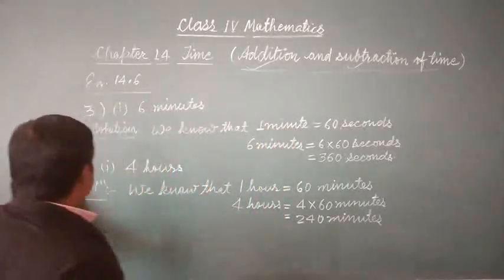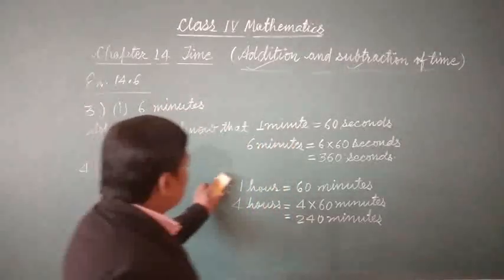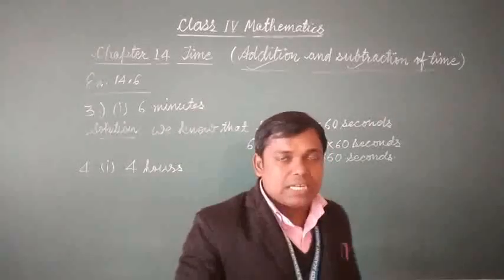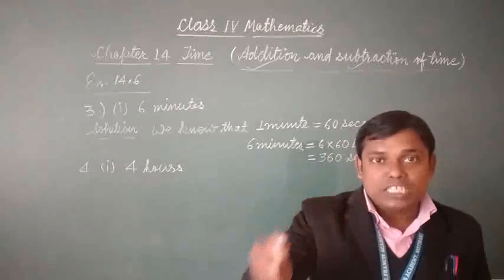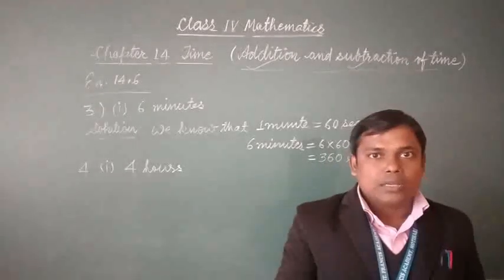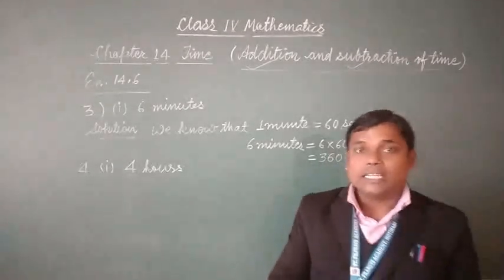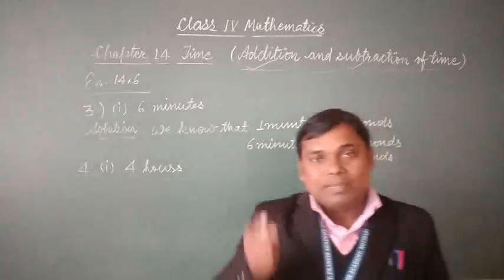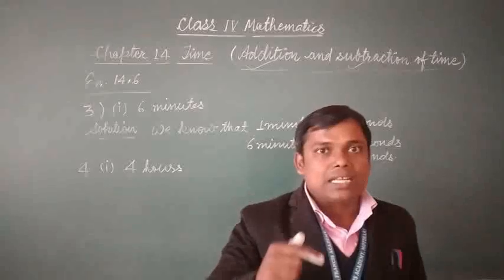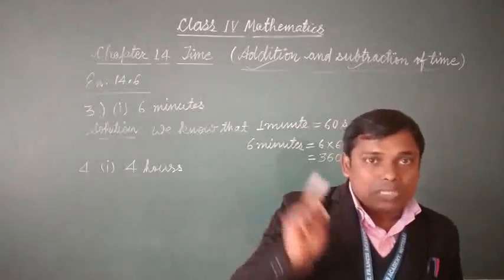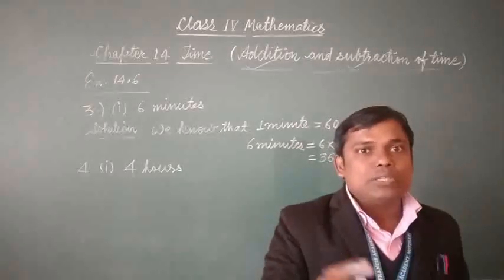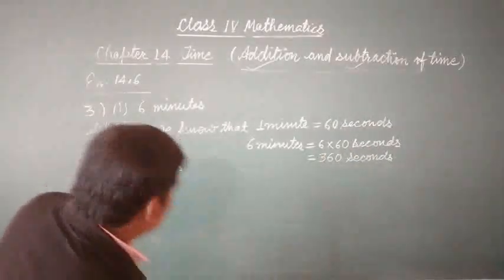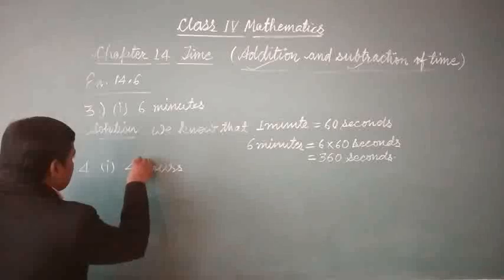So to convert from hours to days and hours, we have to divide the given time by 24, because we know that 1 day is equal to 24 hours. So whatever time is given in hours, we divide that time by 24 to convert the given time into days and hours. And the first question is here, 49 hours.